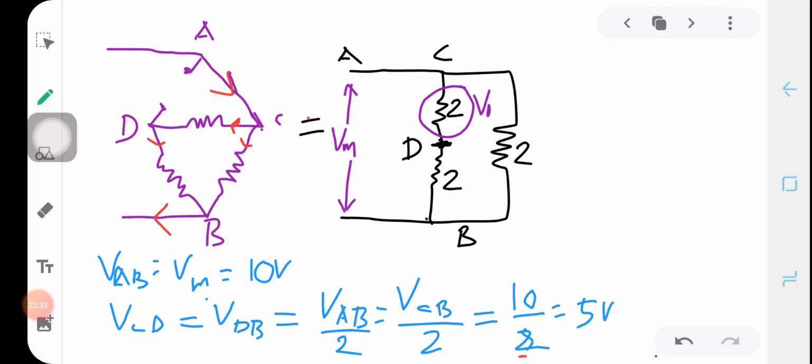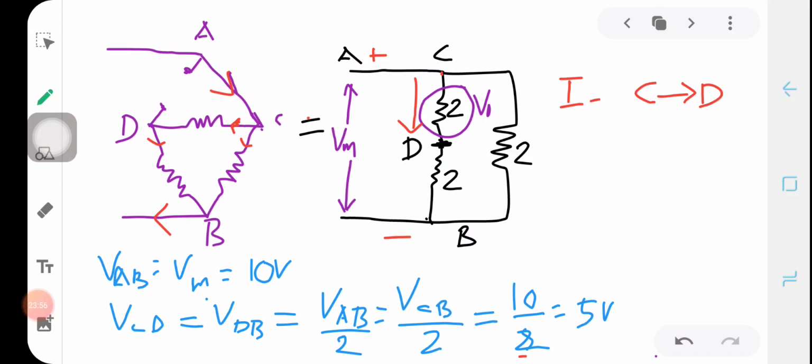Look into here, here it is positive and here it is negative, so current at this node C will be divided and will flow from C to D. So the current direction is C to D during the positive half cycle with a voltage of 5 volts.